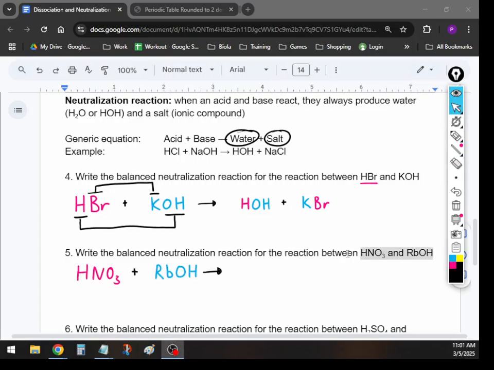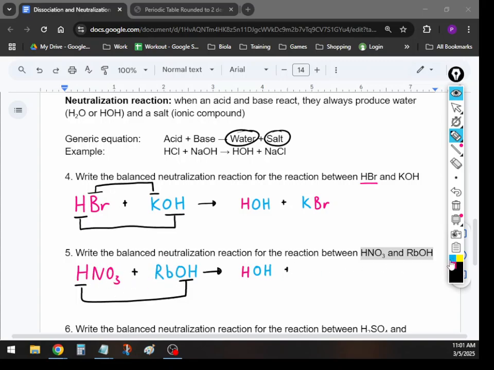All right, so our acid is HNO3, and our base is RbOH, and they're going to react. So again, we're going to make water, HOH, so H and OH from the acid and base. The H from the acid and the OH from the base reacted together. If you take a look at the leftovers, we have Rb and NO3.